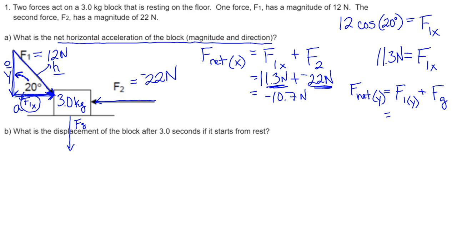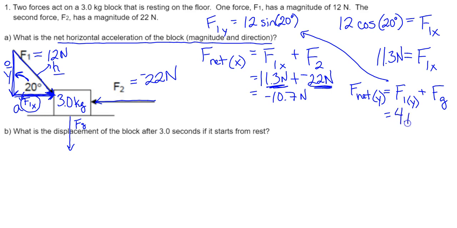So F1y is equal to 12 times the sine of 20 degrees. I'll punch that in on my calculator. 12 sine of 20 degrees is equal to 4.1.